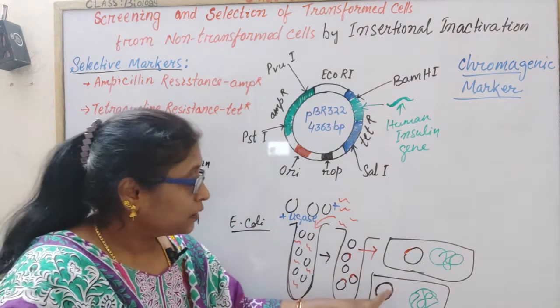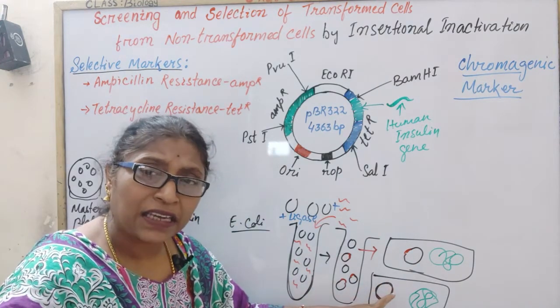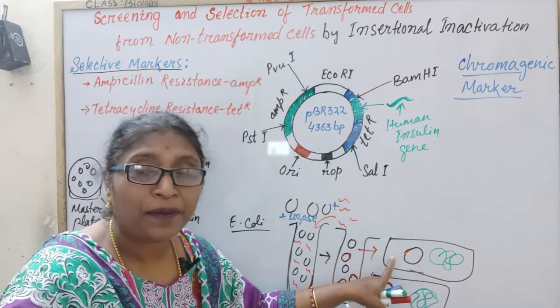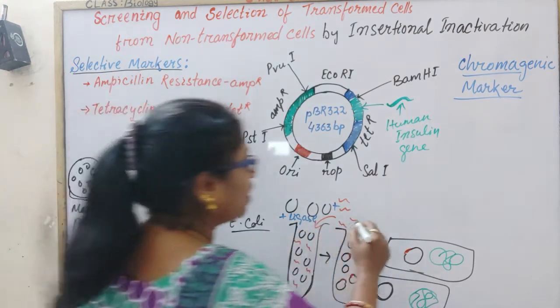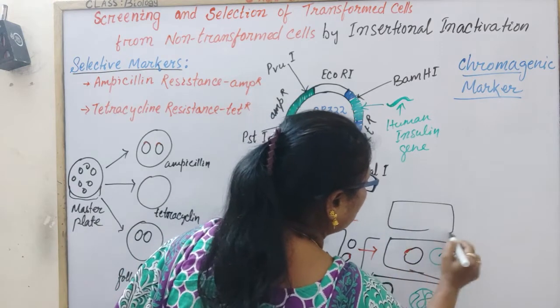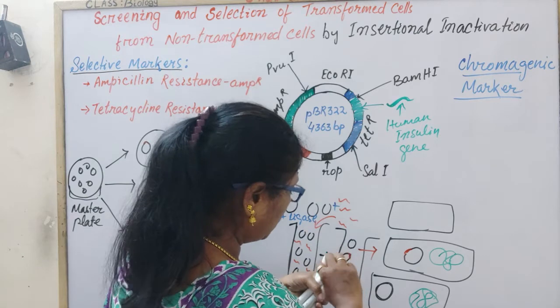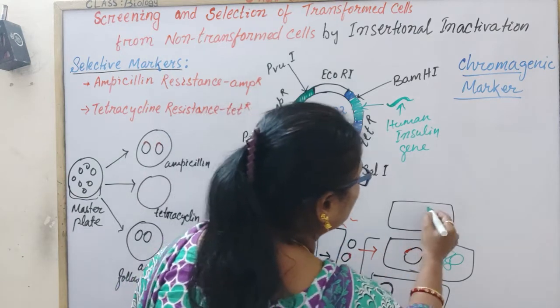Remember, here the bacterial cell received the non-recombinant plasmid, here the recombinant plasmid, or some may be without receiving any type. So let us discuss how they can be screened.